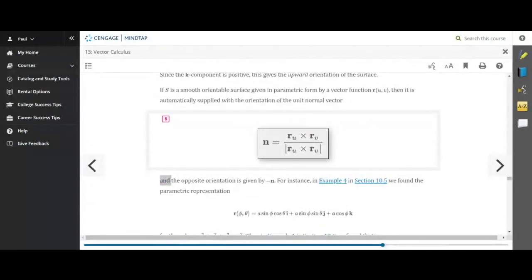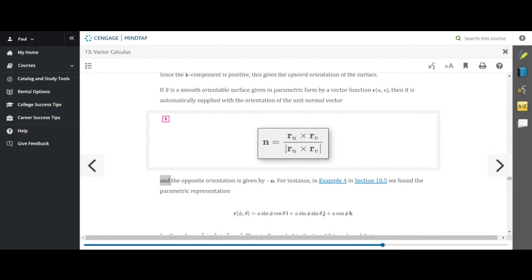If you have a vector function R of two parameters u and v that scratches out a surface in space, the cross product of the derivative vectors generates vectors orthogonal to the surface. If you want those to be unit length, you divide by the length of the cross product vector. So, two ways to get these normal vectors.